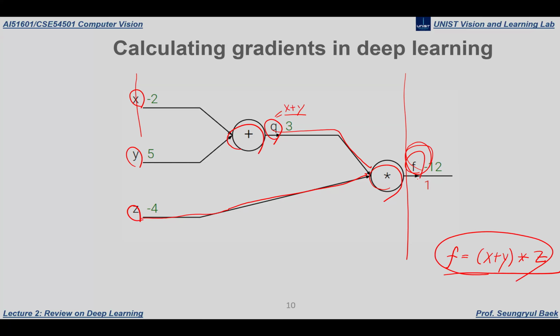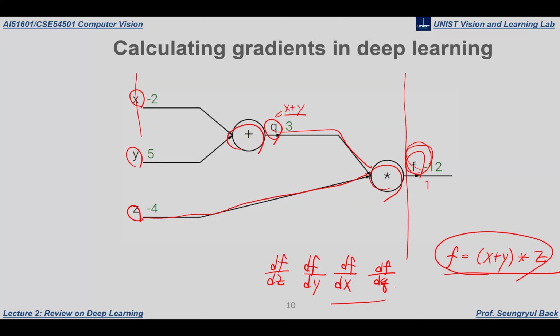So, when given arbitrary deep learning layers, using this step-by-step calculation, you can find the differentiation of the final layer with respect to all the nodes inside the deep layers.